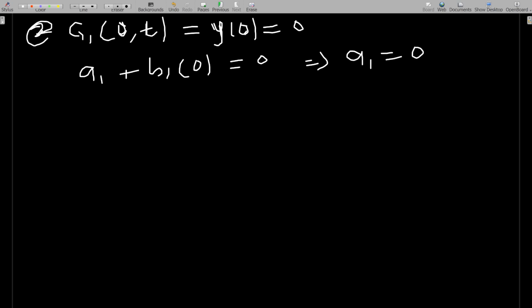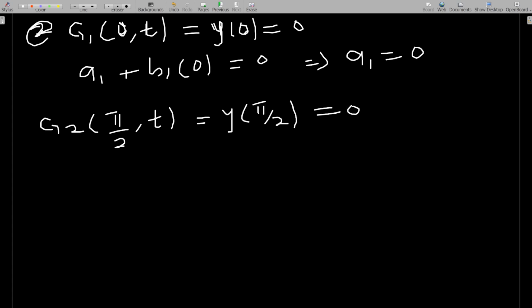And then g2 of the upper boundary, g2 of pi on 2 comma t should be equal to y of pi on 2, and y of pi on 2 was 0.